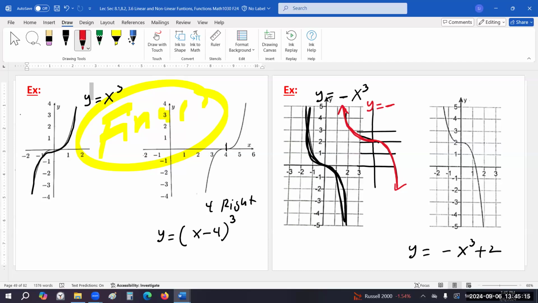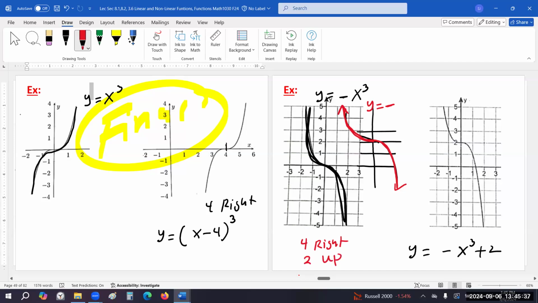So it's 4. So 1, 2, 3, 4, 4 to the right, right? So let's write it down. 4 right. And then which direction? Up. So 4 right, up 2.